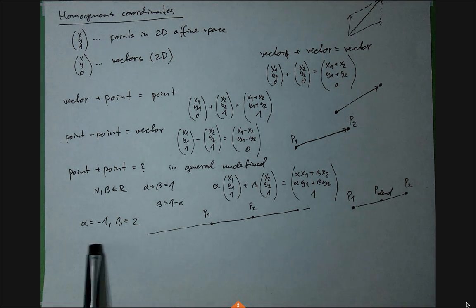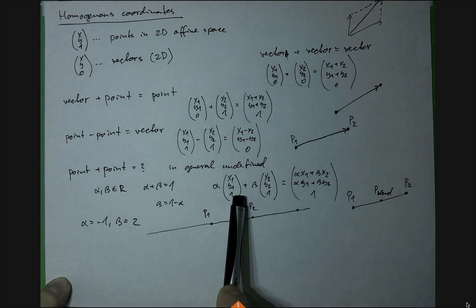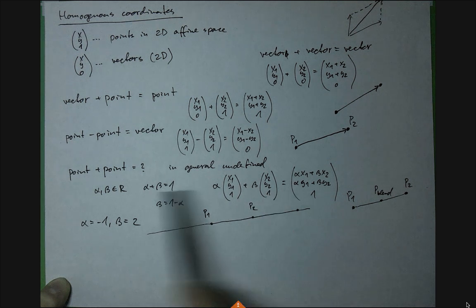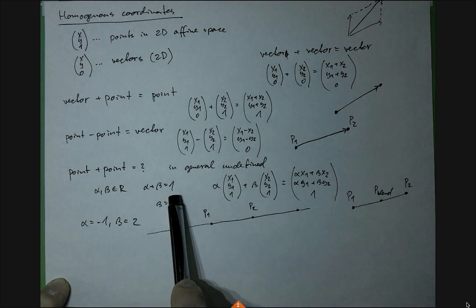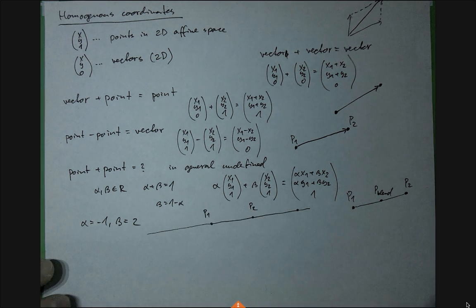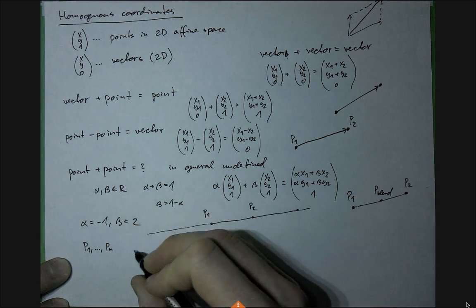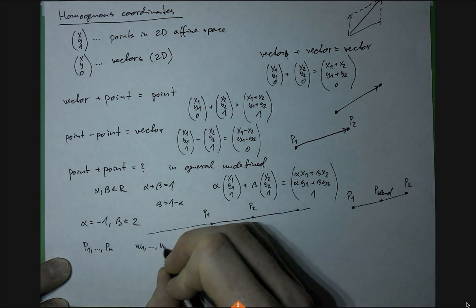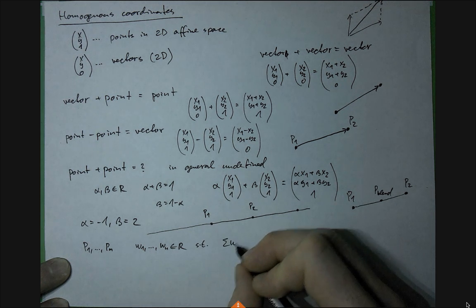So in general, these things have names. This combination, alpha times one point plus beta times another point, such that alpha and beta sum to 1. And that would also work if you were combining more than 2 points. Okay, let me write it down. You could have P1 to Pn, and you could have weights W1 to Wn, scalars, such that the sum of Wi is 1.